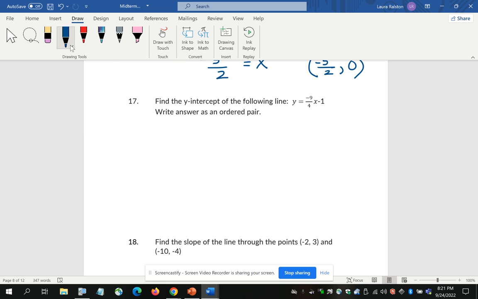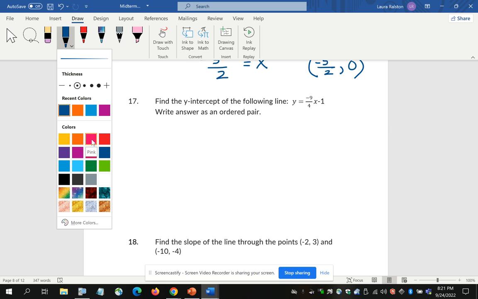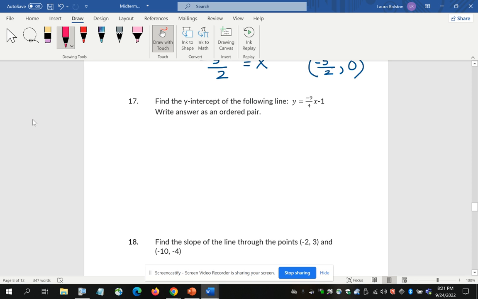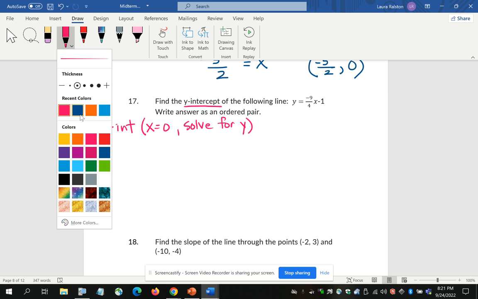Question 17 asks us to find the y-intercept. To find the y-intercept for any particular function, we let x equals 0 and we solve for y. The y-intercept is where it crosses the y-axis. So again, this is a straight, flat-out substitution problem.